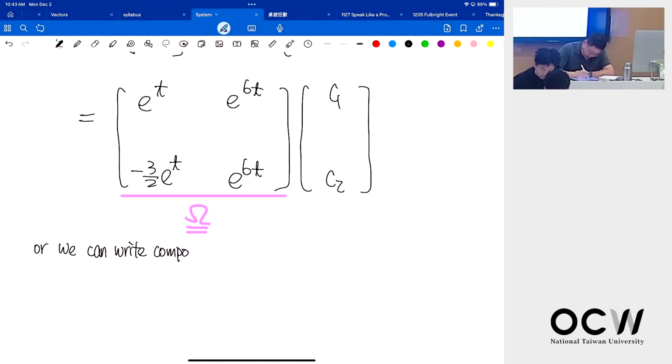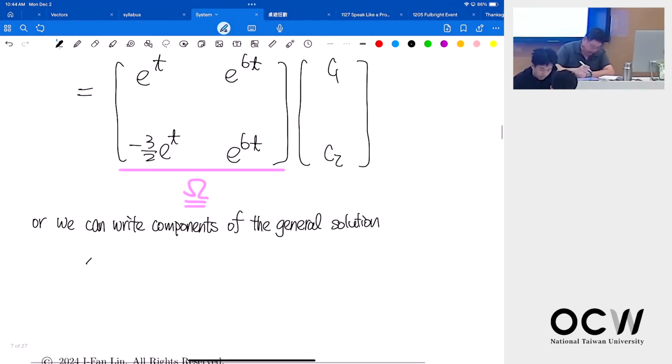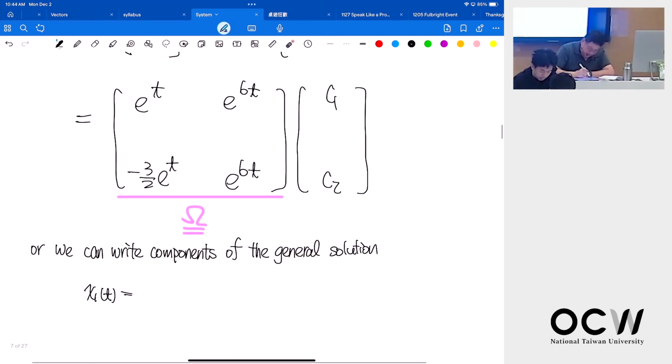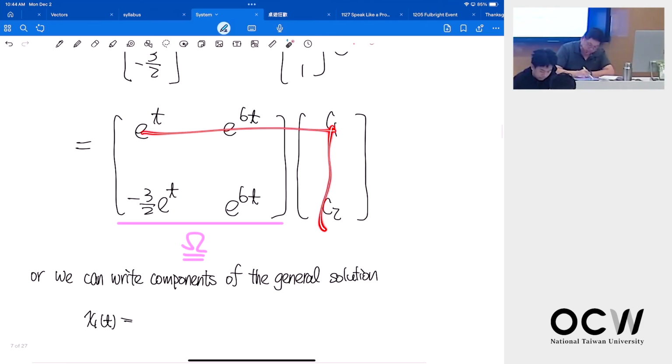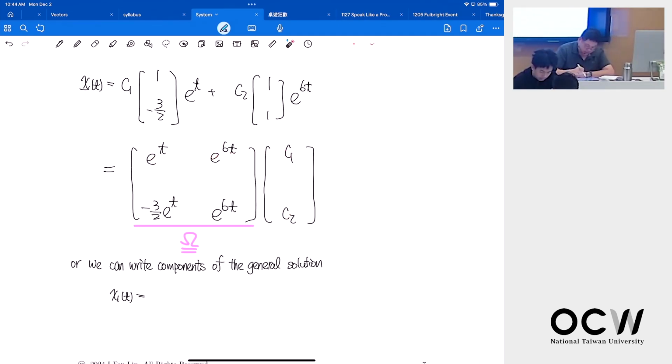Components of the general solution: this is X1 and this is X2.